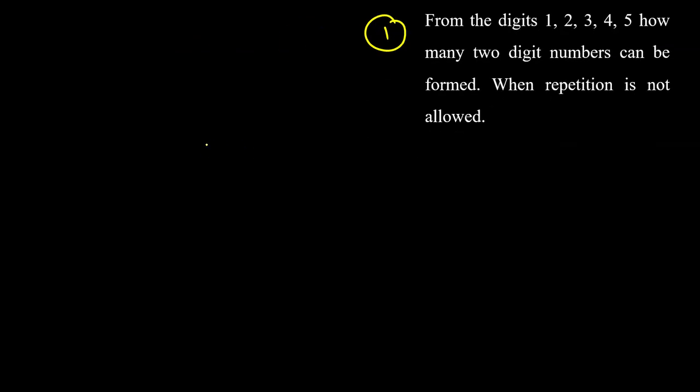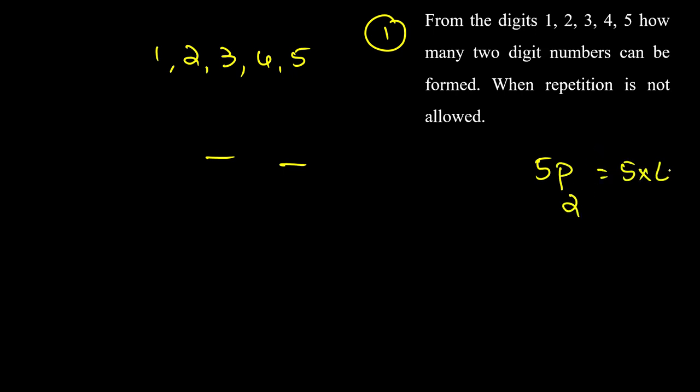Okay. We have 2 slots. I can directly say 5P2 because I need to select them and I have to arrange them. 5P2 means 5 into 4, 20 directly.